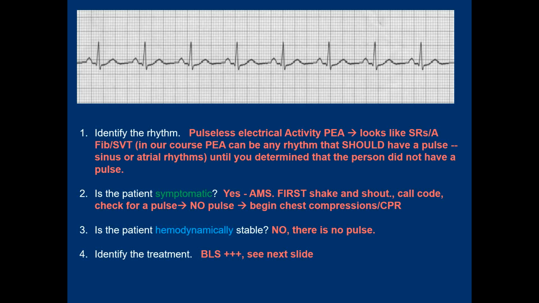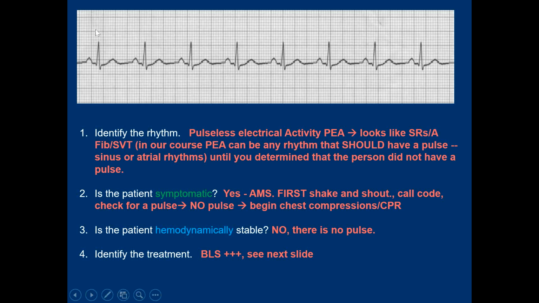Could pulseless electrical activity look like something else other than sinus rhythm? Yes, it can. It could be sinus bradycardia. It could be sinus tachycardia. It could be atrial fibrillation. It could be supraventricular tach. So in other words, in our course, PEA can be any rhythm where you are told the patient has no pulse.